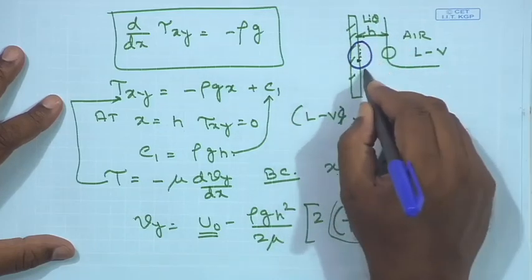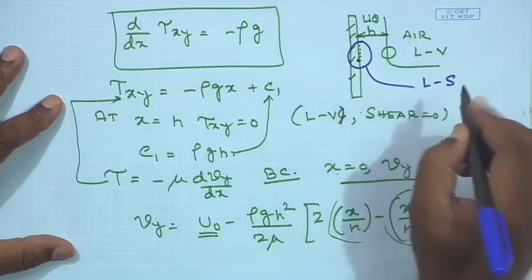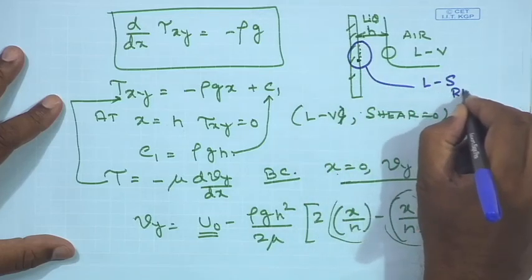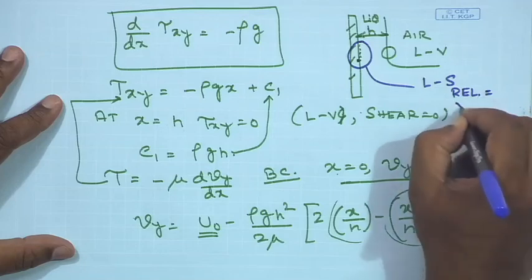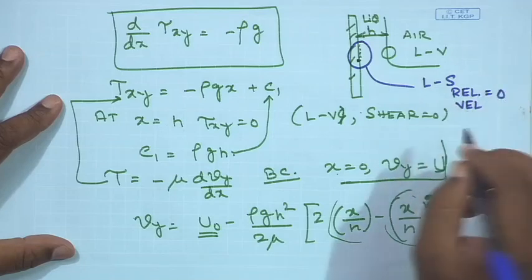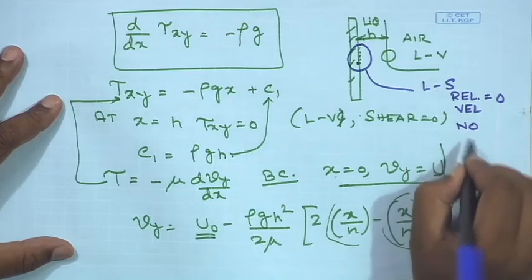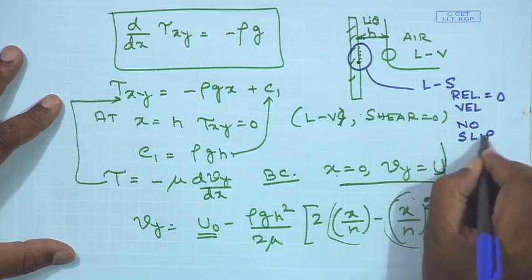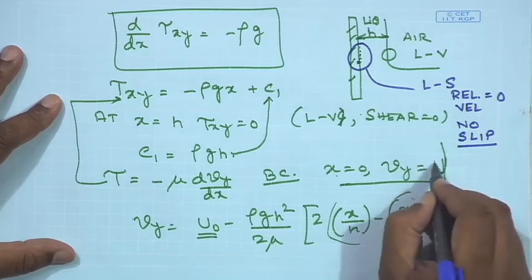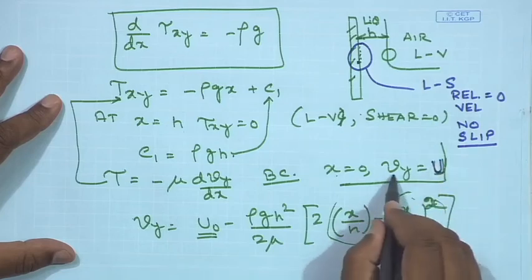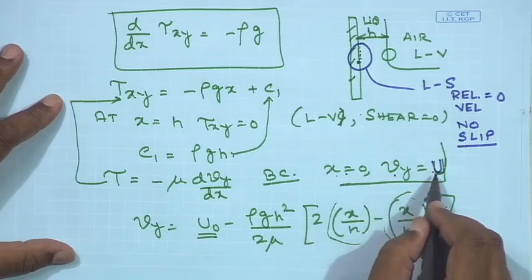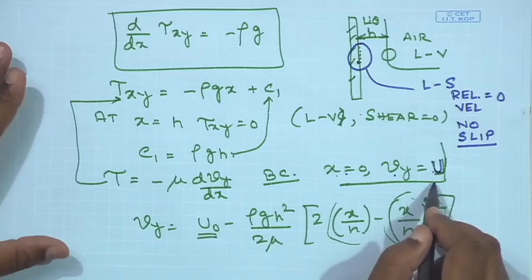So, at the liquid solid interface, the relative velocity is 0, which we call the no slip condition. Since it is no slip, the velocity at x equal to 0 must be equal to the upward velocity of the belt.